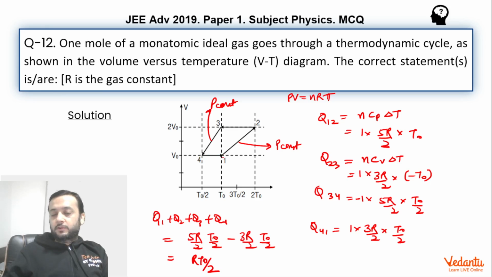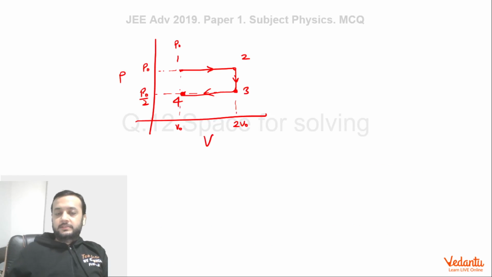That means pressure will also be doubled. So we will go back to point number 1. This completes the cycle, and this is the rectangle which we get in the PV graph. The area of this will also represent the work done. So I hope you would have enjoyed the solution. That's all. Thank you.